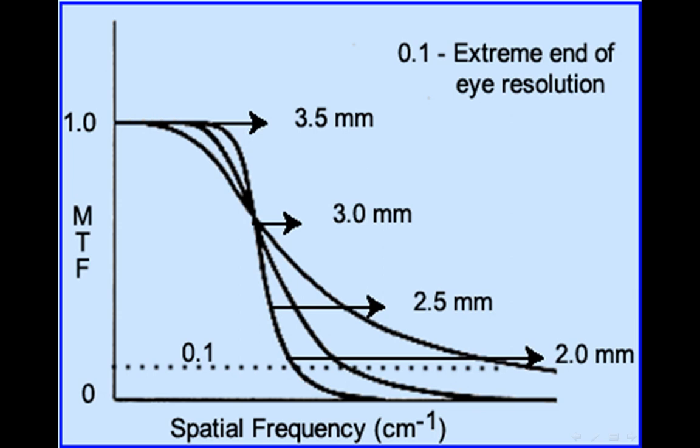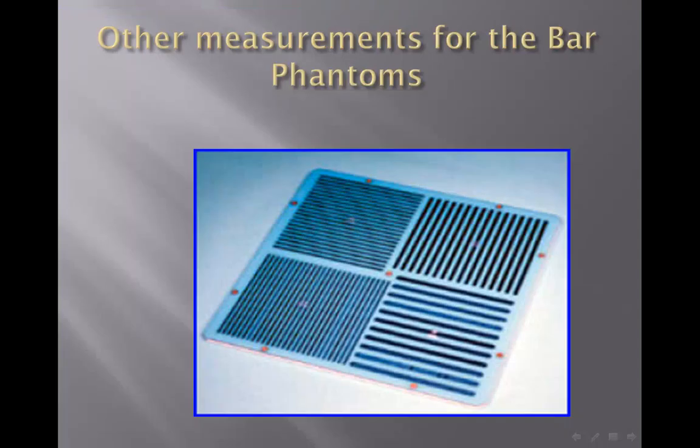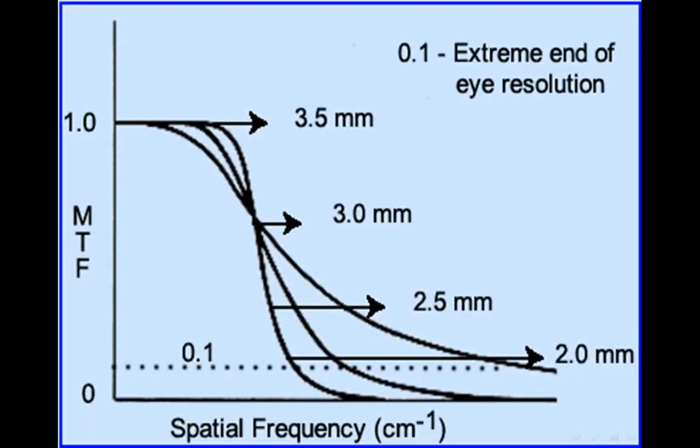If you compare the number of line pairs here at 3 millimeter and at 2.5 millimeters, you will find that the number of line pairs at 2.5 millimeter is greater. So the MTF value will be the lowest one here, because the spaces between line pairs are decreased more and more, so MTF will be lower.